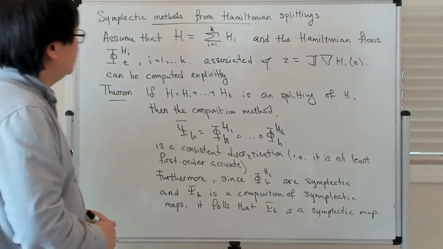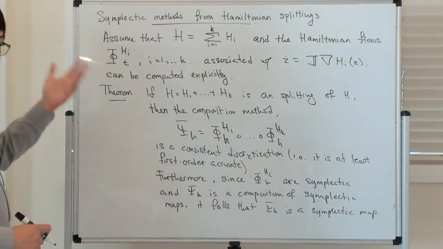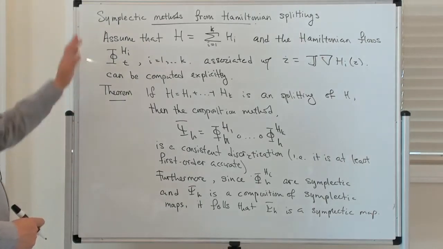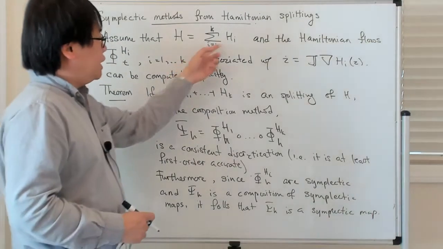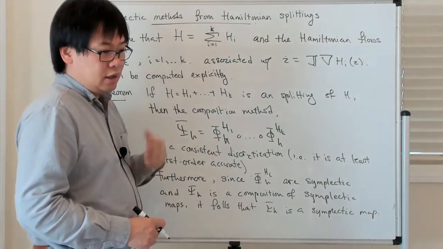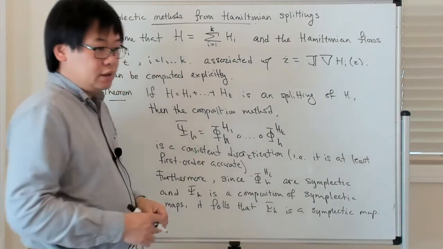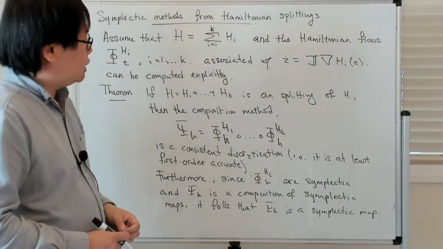That's a relatively easy idea for constructing symplectic methods from Hamiltonian splittings, and of course the challenge is to find a splitting whose component flows you can compute exactly.